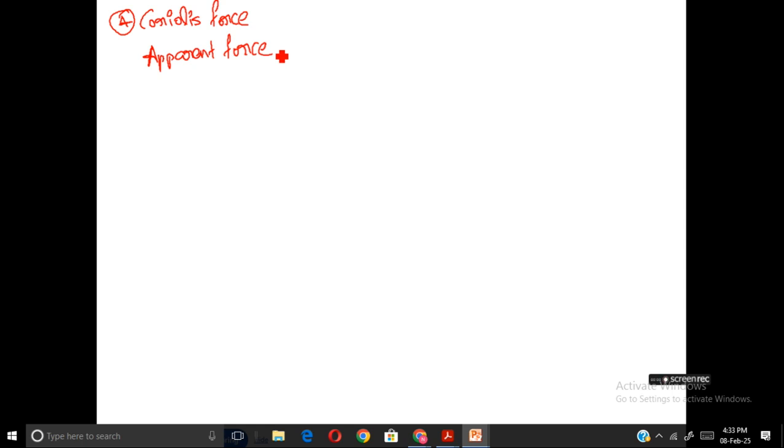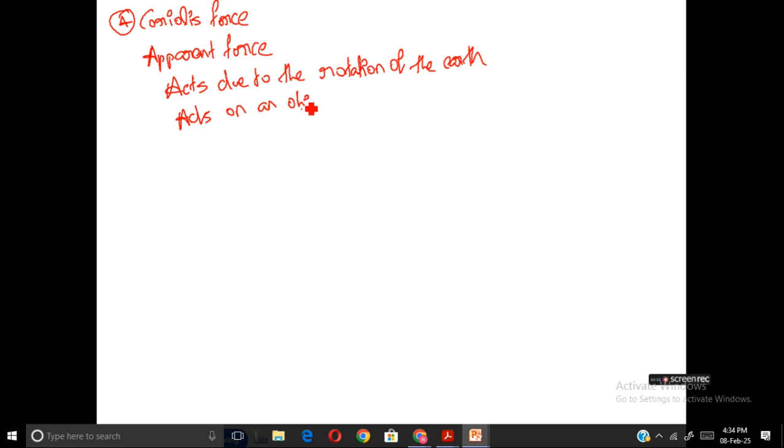So Coriolis force acts due to the rotation of the Earth, and it acts on an object moving with velocity v.